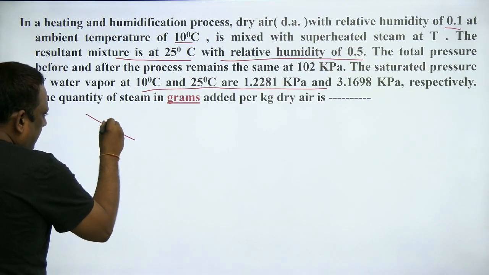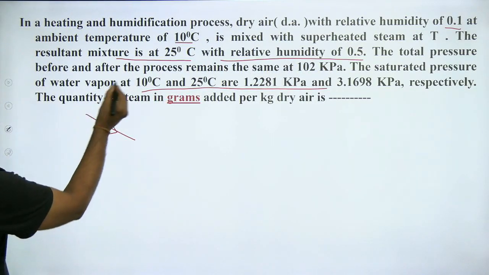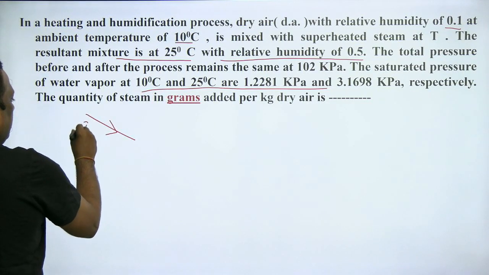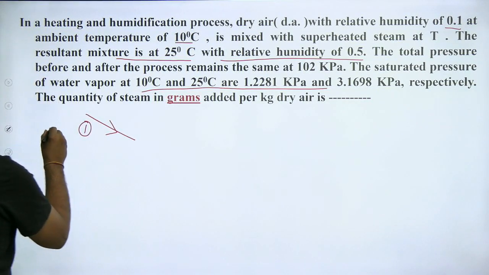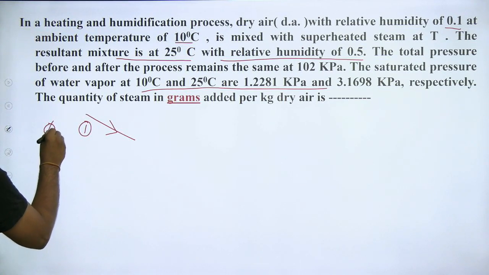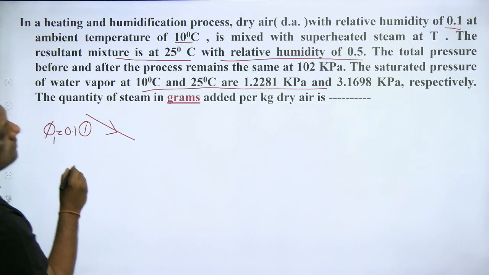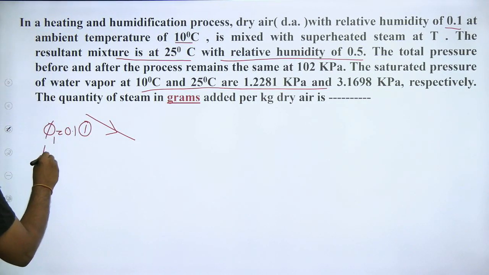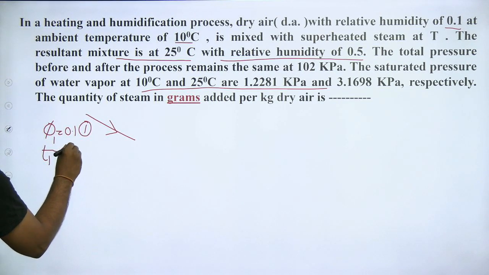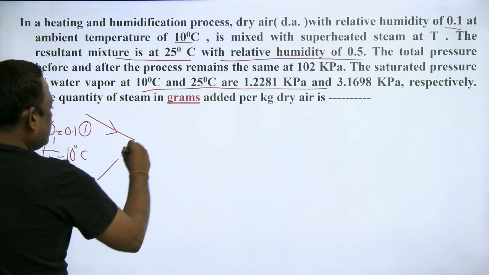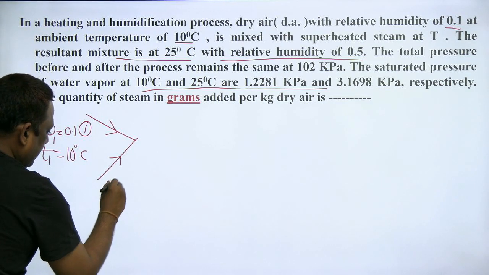There is air, of course, at state 1, and he has given the relative humidity at state 1. How much is that? 0.1. And the temperature is given as 10 degrees centigrade. Now it is mixed with superheated steam.